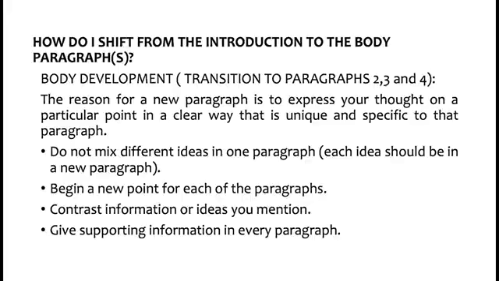If you have 5 ideas for your essay, paragraph 1 will contain your topic sentence, that's one idea. Then the supporting ideas, you spread them across the remaining paragraphs, paragraph 2, 3, and 4. Then begin a new point for each of the paragraphs. That's what I've just explained. Each paragraph, a new point. Then contrast the information or ideas you mention.